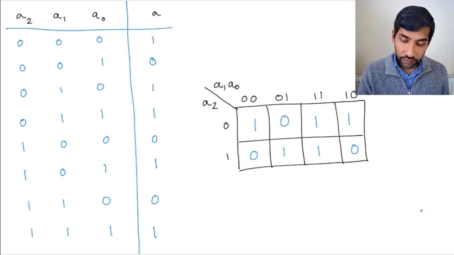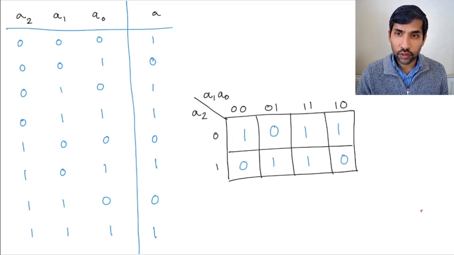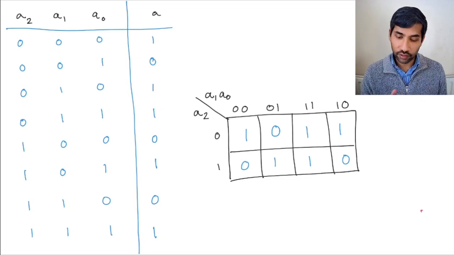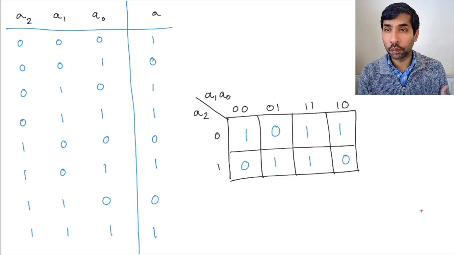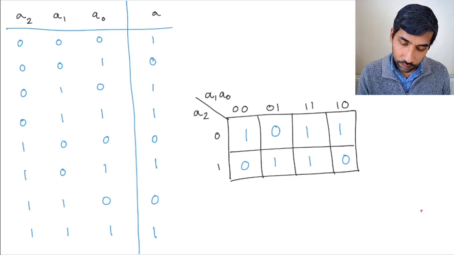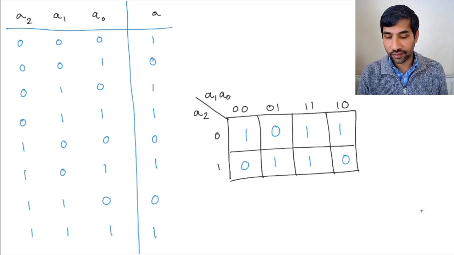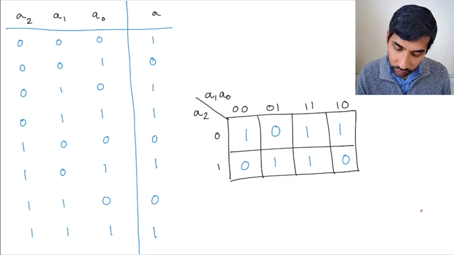And now that we have the k-map, we can try to find out the Boolean expression. To do that, we want to group the ones in this k-map, right? So let's try doing that. How are we going to do that?